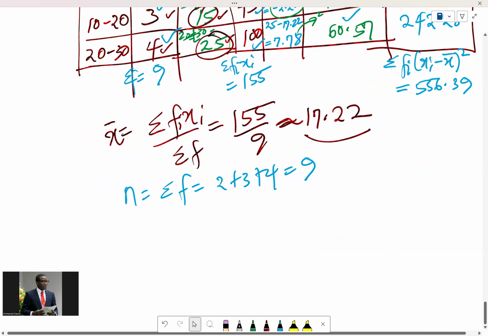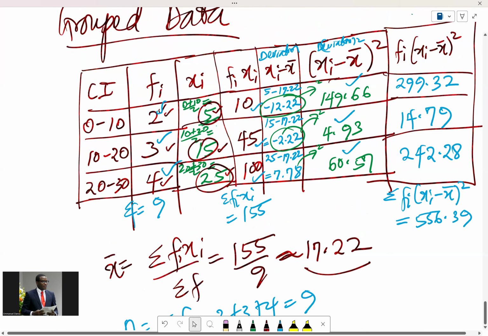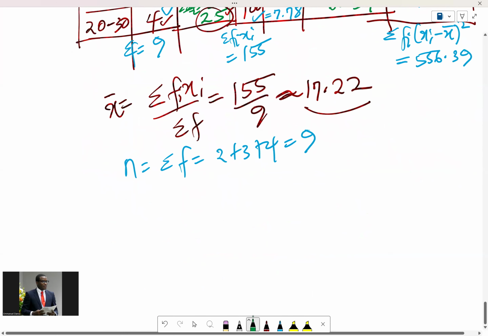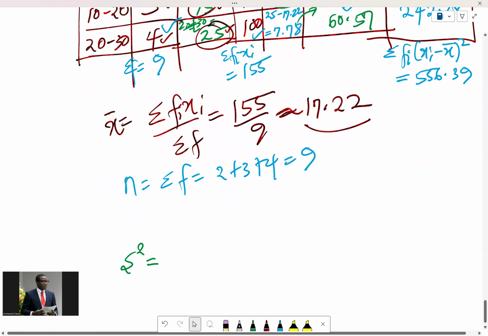So the formula here, which I did not write from the beginning, but it's never too late. We need the standard deviation, and that is from everything we have seen, right?